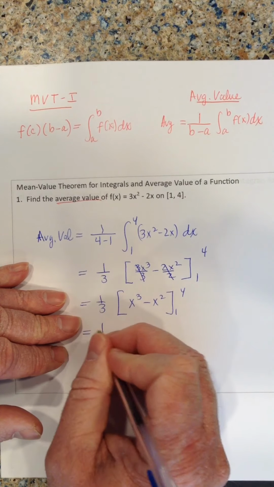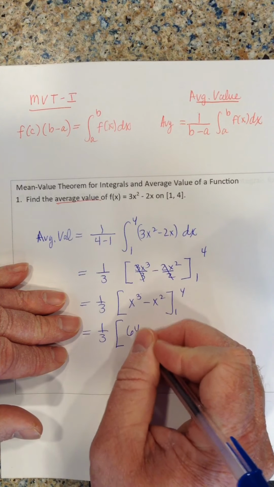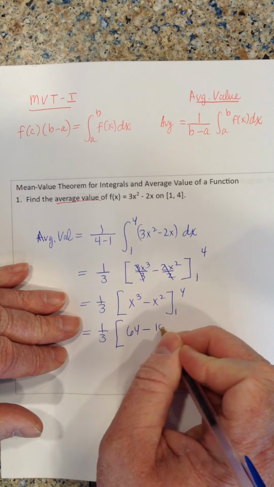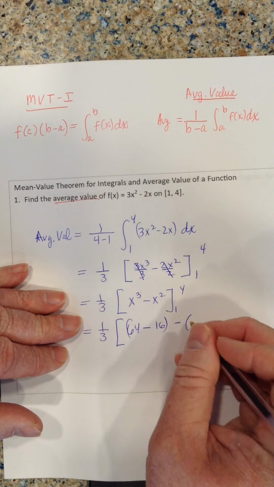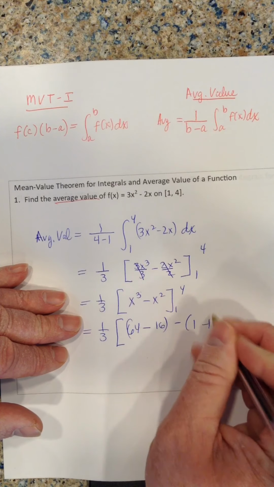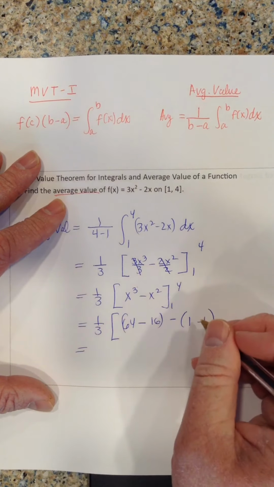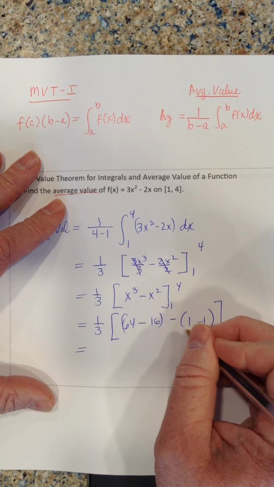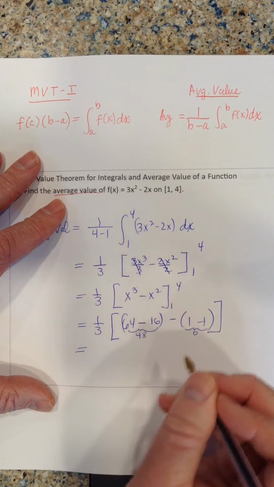Okay, now I'm going to evaluate it from 1 to 4. So I'm going to plug in 4. I get 64 minus 16, minus, plug in 1, I get 1 minus 1. Okay, so 1 minus 1, that's 0. 64 minus 16 is 48.